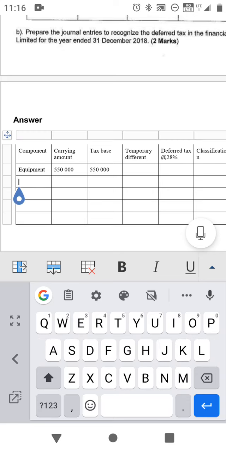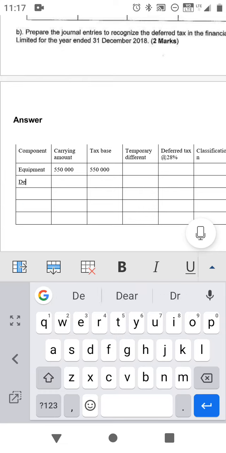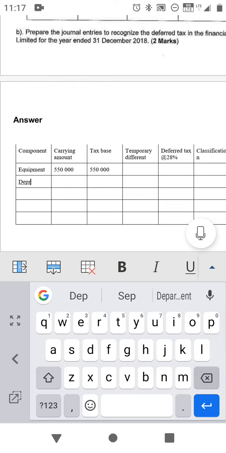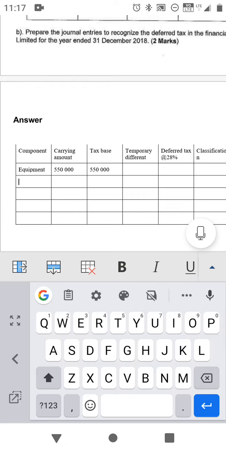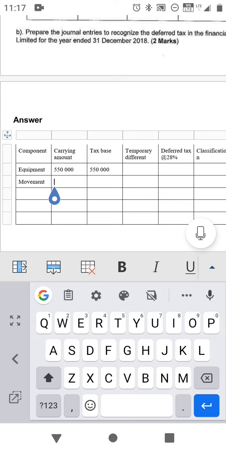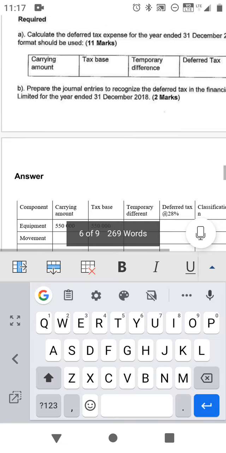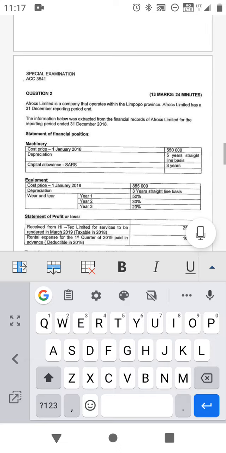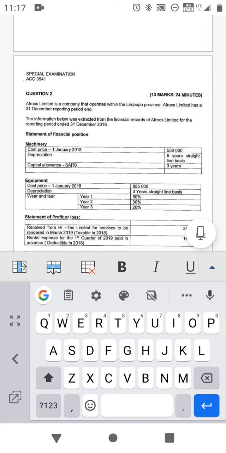Then number 2, we have to do depreciation. Okay, we don't call it depreciation because we still have to do it on the tax base. We call it movement. Alright, then in accounting it is depreciation, which we have to say 550 multiplied by 5 years, which means that we have to divide by 5 years.